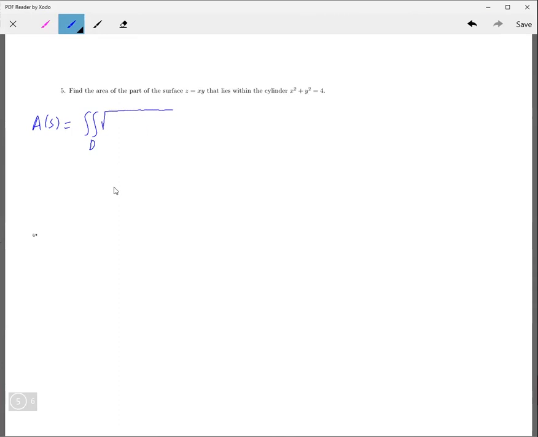Now, first of all, let's go with the first equation. So inside this integral, we're going to have to put 1 plus zx squared plus zy squared dA.